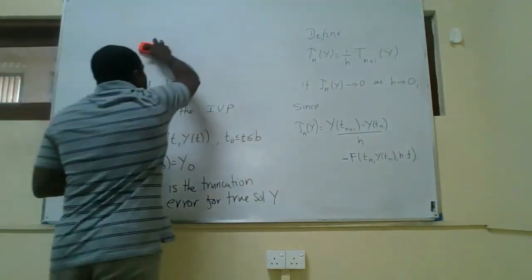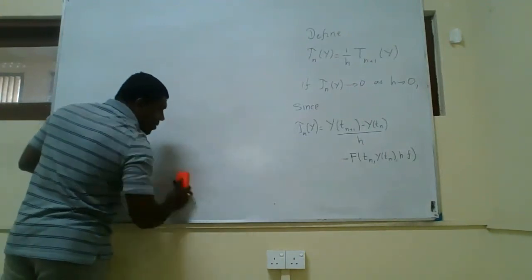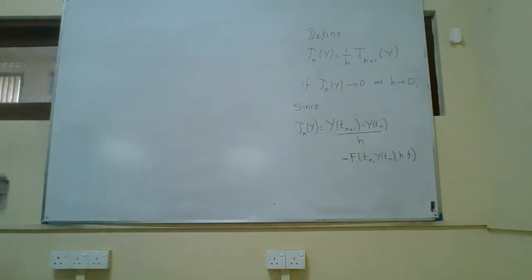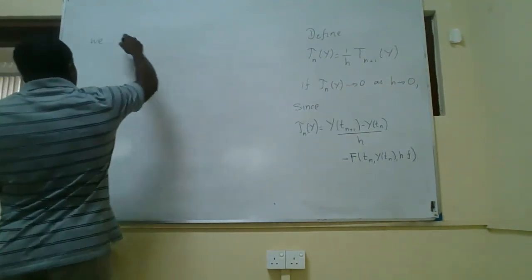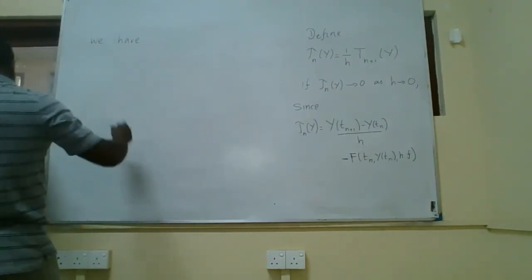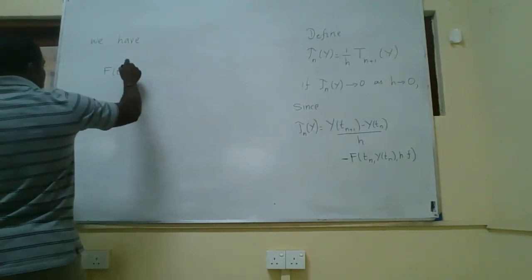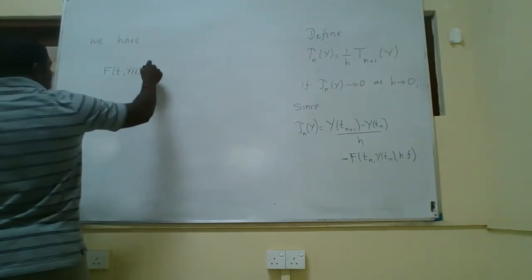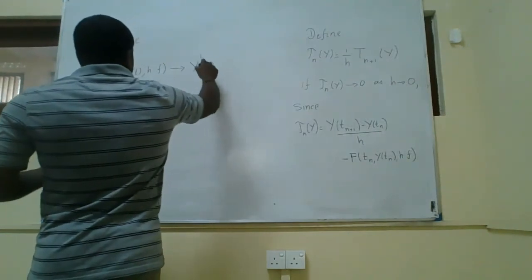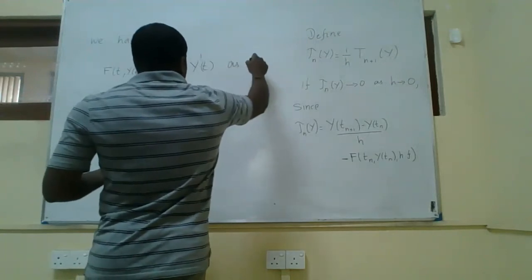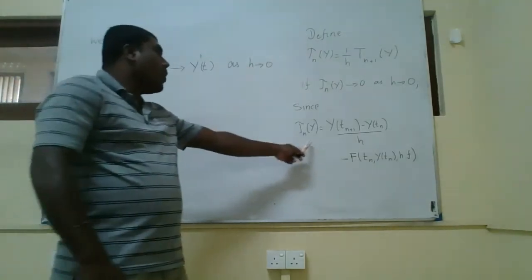And now because of this, okay, here you see that this tau_n(Y) is this.